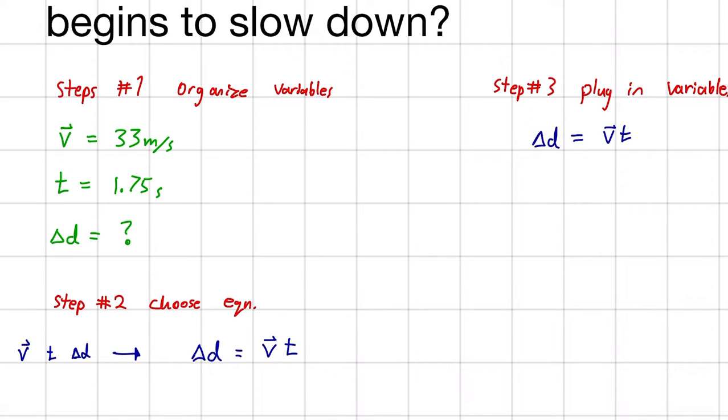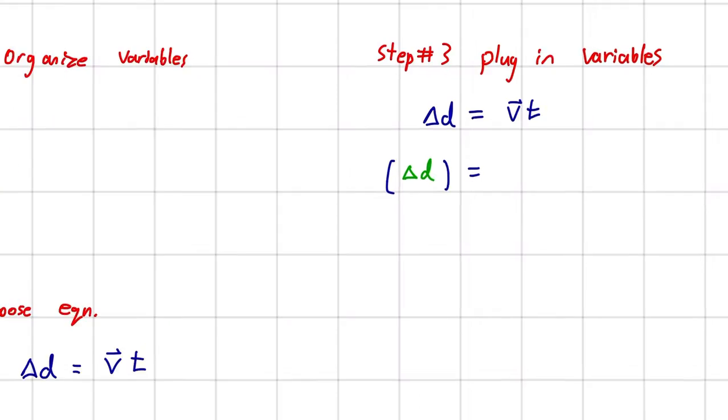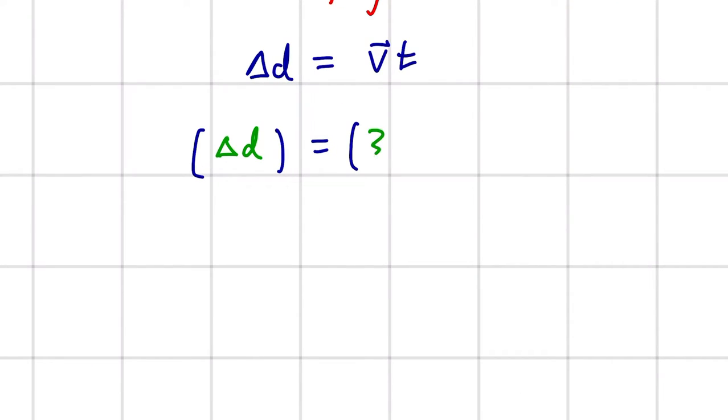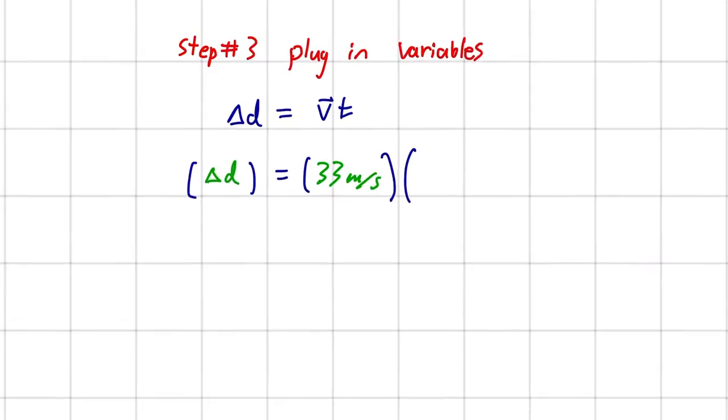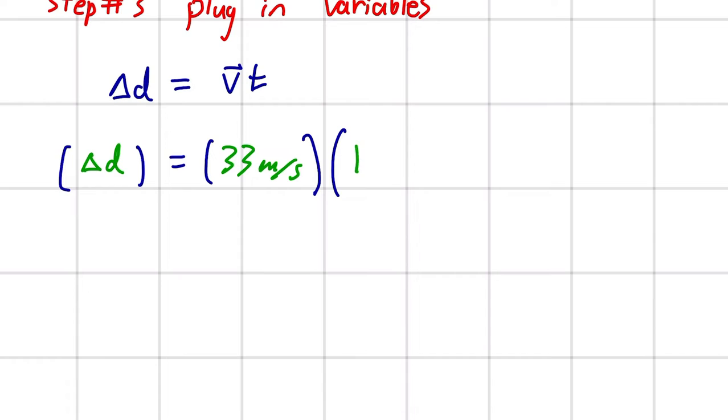For delta D, we have an unknown value, so when I plug that in, I'm just going to keep it as delta D. Then for our velocity, we've got a value of 33 meters per second. And then for time, let's look at our given, 1.75 seconds. All right, so we've got all our values plugged in.